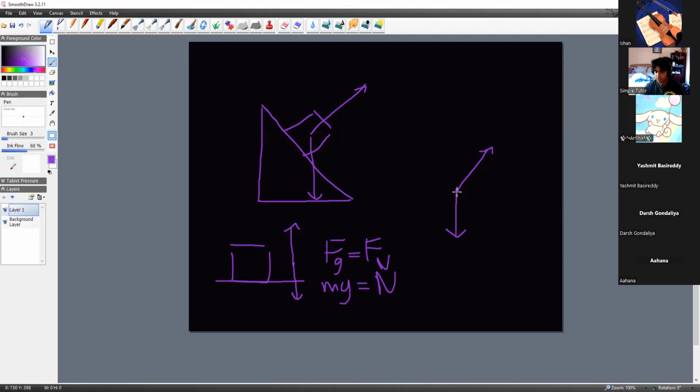The way we do it is we break up this force, this gravity force, into two components. We'll have a vertical component, right? The reason I'm drawing it with these lines right here is just to show that they're components and not new forces. And you'll have a horizontal component.